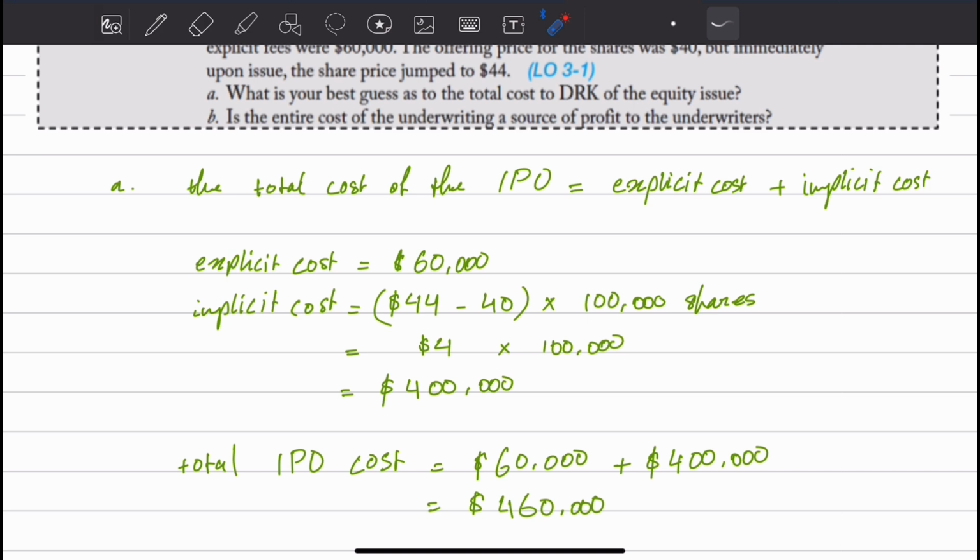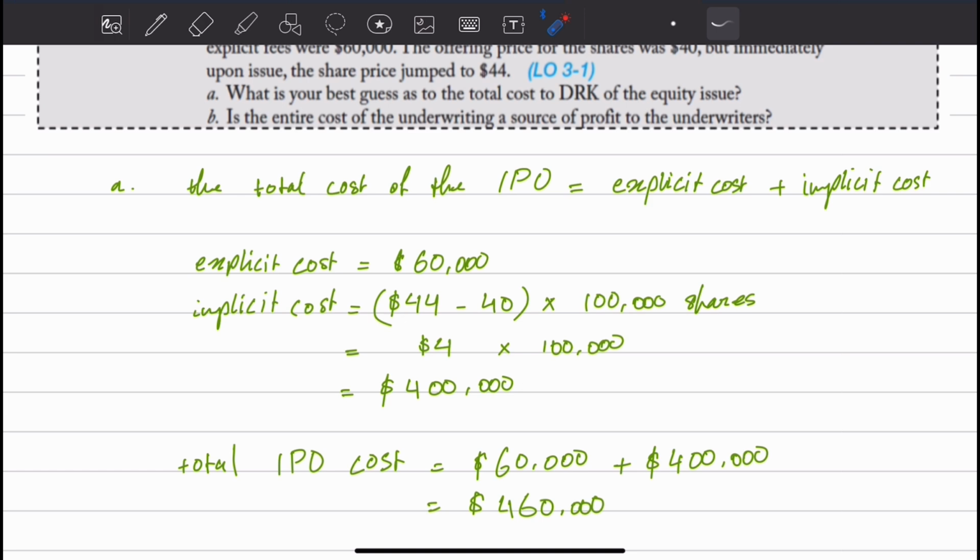However, this could be a marketing step that the underwriters take, because the company wants to make sure that they get all of their shares, the IPO, covered, and they tend to underprice it by a little bit.